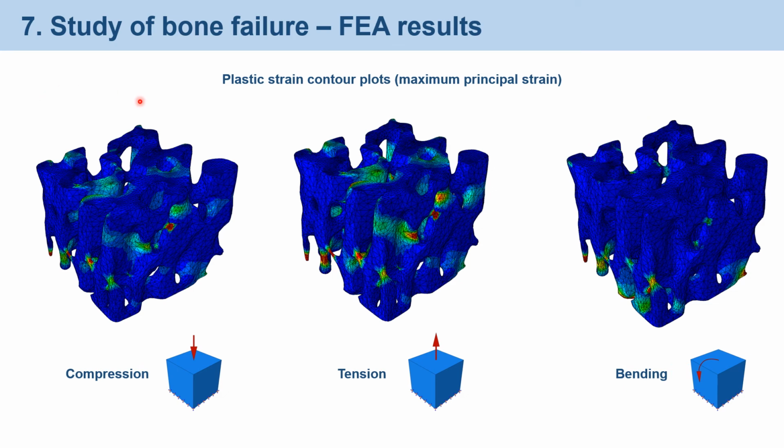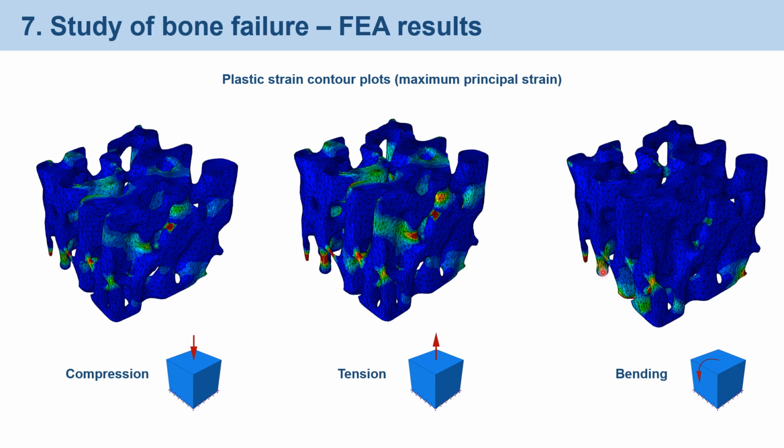The lower surface of the cuboid was encastrated, and displacement was applied to the top surface of the cuboid. On this slide, we can see the contour plots of plastic strain in trabecular lattice subjected to 1% strain in compression, in tension, and also subjected to bending. On the tension plot, we can see that there are more fields with the onset of plastic deformation, and also that the values of plastic strain are higher if we compare them with the compression plot.